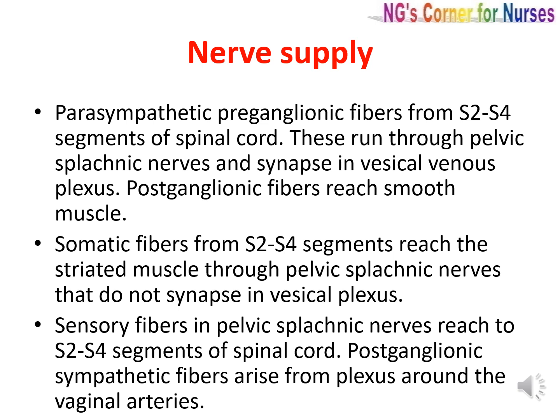Somatic fibers from the second to fourth sacral segments reach the striated muscle through the pelvic splanchnic nerve and do not synapse in the vesical plexus. And the sensory fibers in the pelvic splanchnic nerves reach the second to fourth sacral segments of the spinal cord, and postganglionic sympathetic fibers arise from the plexus around the vaginal arteries.